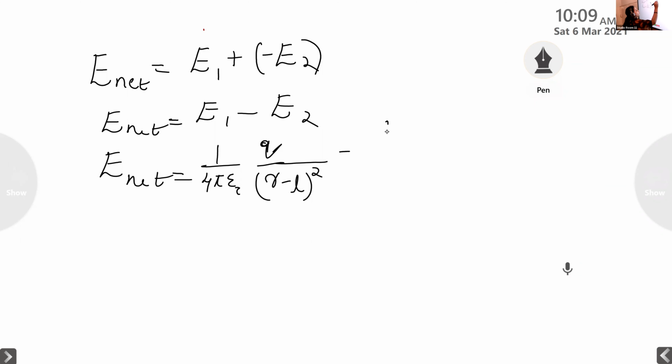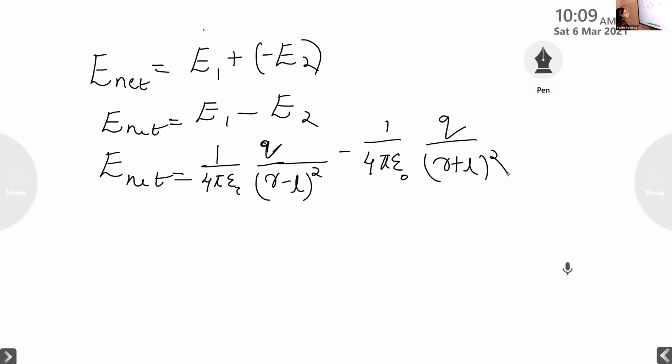Minus 1 by 4 pi epsilon 0. What is the value of E2? 1 by 4 pi epsilon 0 Q divided by R plus L the whole square. Very good.